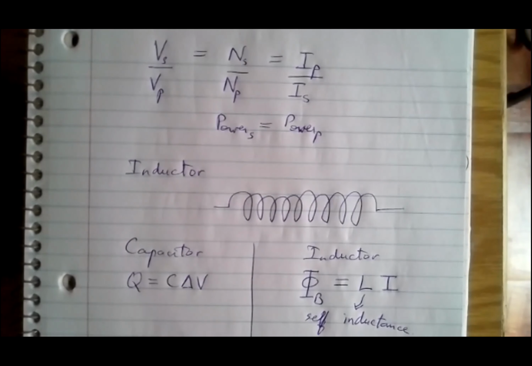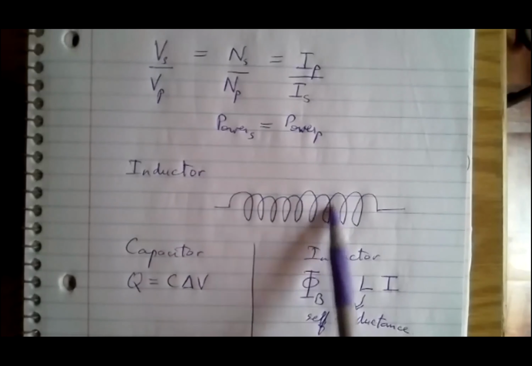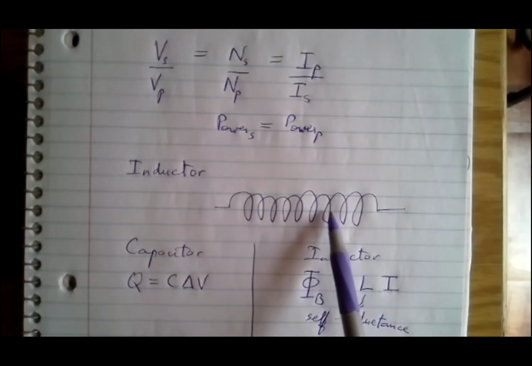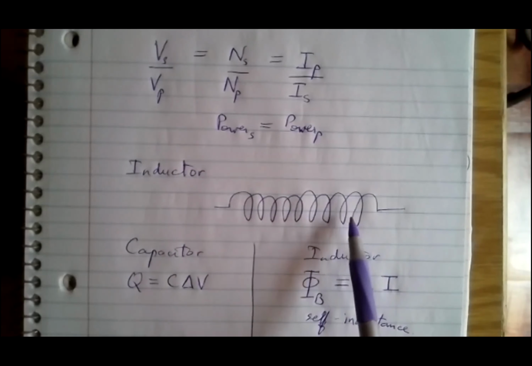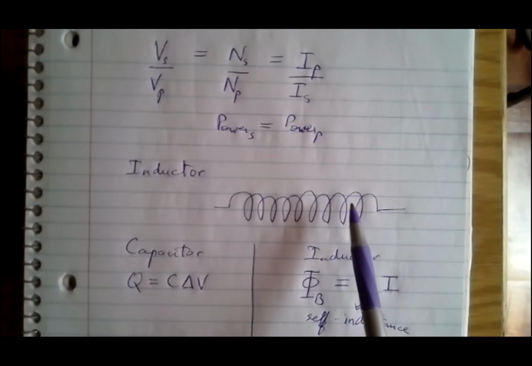Is self-inductance like what we've talked about, how it goes in the other direction when you have a change? Pretty much, yeah. When you pass a current through this coil, it generates a magnetic field. But if this current starts changing, each turn sees a changing magnetic flux, and that will create an EMF that tries to resist the change.